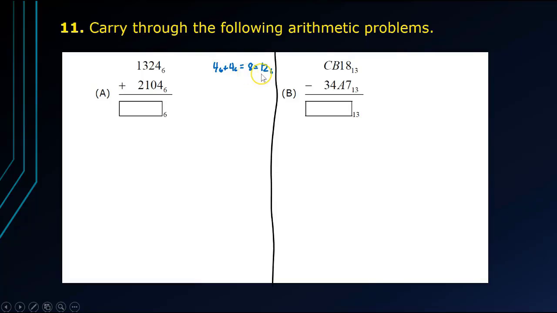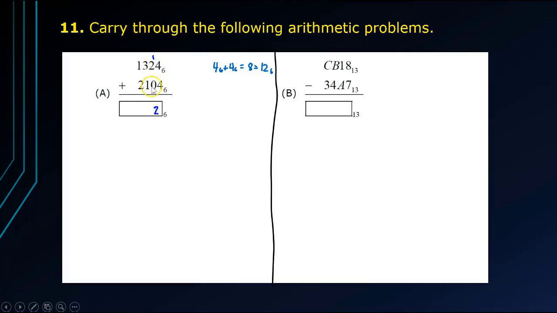I just say, okay, well, that's going to be 4 plus 4 is 8. Now, 8 does not exist in base 6. That would not be a digit. So the value of 8 would be a 2-digit number. So I'm going to have 1 6 and 2 1s. And so this represents a 12 in base 6. So this would give me a 2 down here and a 1 up here.